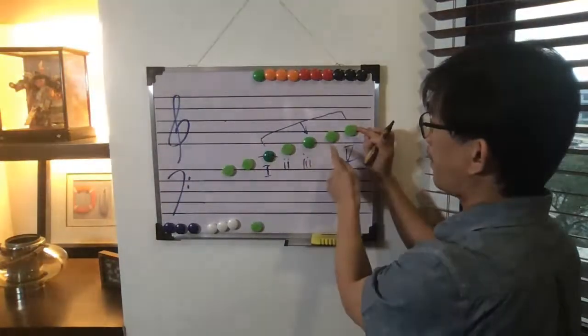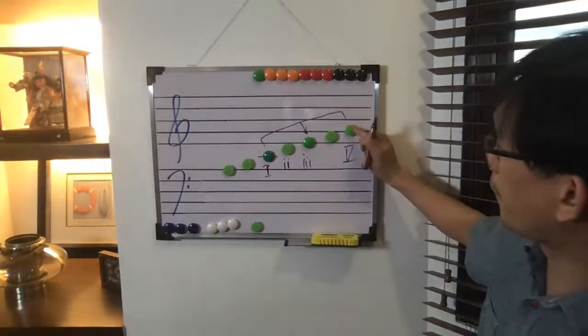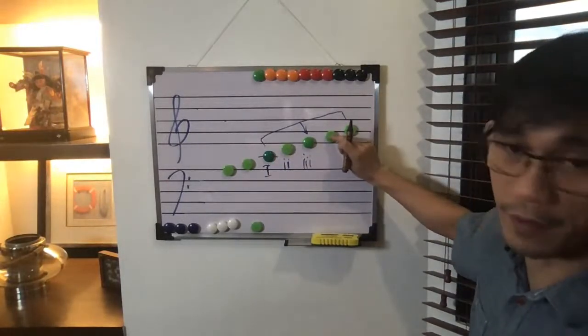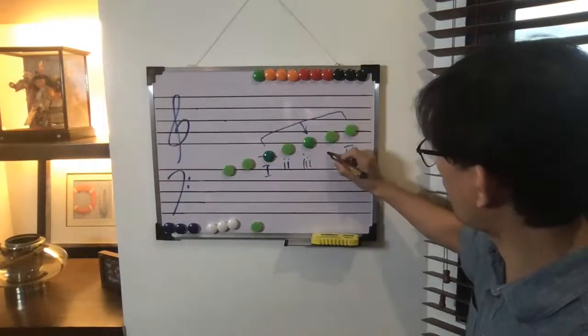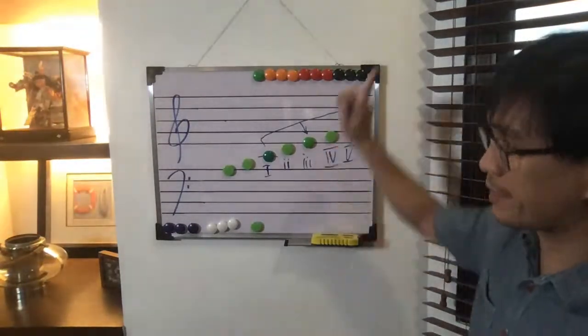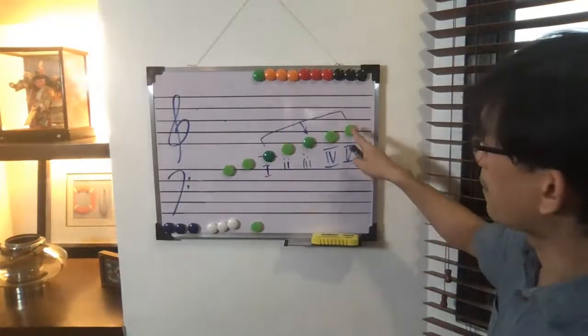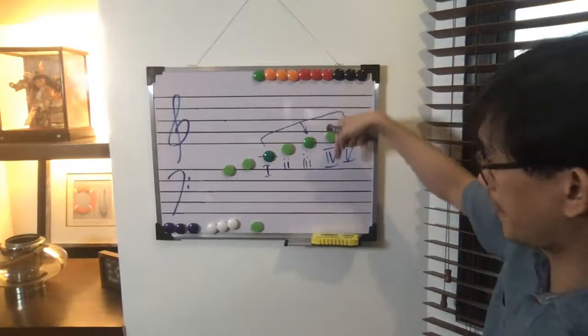And then there's still one note that we haven't named in this part. Since this is lower than the dominant, we will call it subdominant. Sub means lower. Super means higher. So supertonic is higher than the tonic. Subdominant is lower than the dominant.